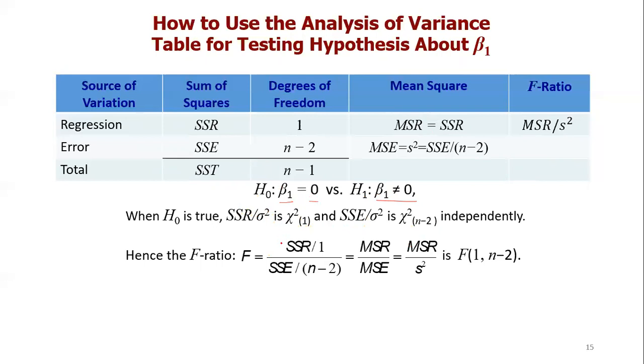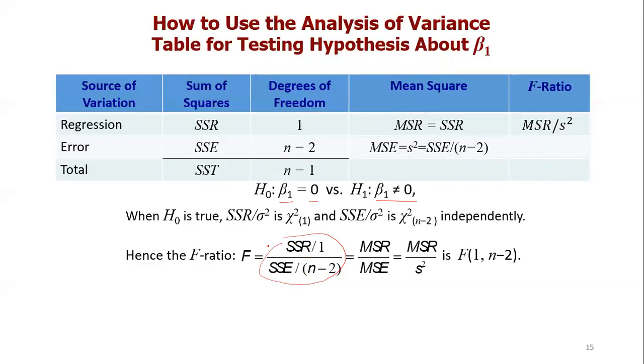And if you just take the ratio of two chi-square random variables, SSR divided by 1 and SSE divided by n minus 2.